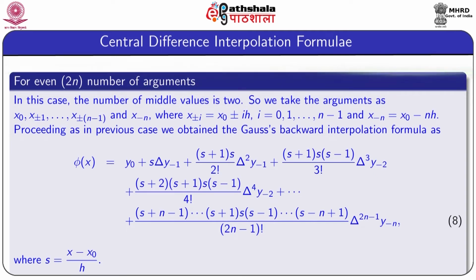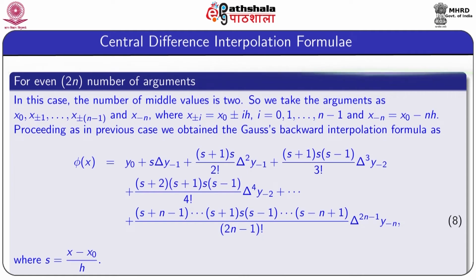Since the arguments are equispaced, we can write x plus minus i equal to x0 plus minus ih, where i equal to 0 to n minus 1, and x_{-n} equal to x0 minus nh.